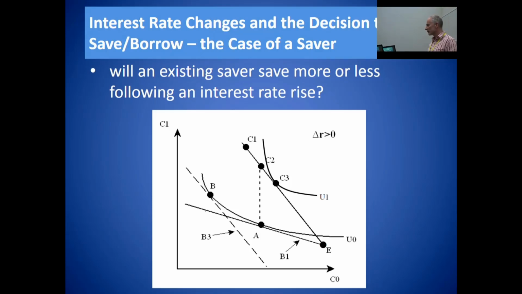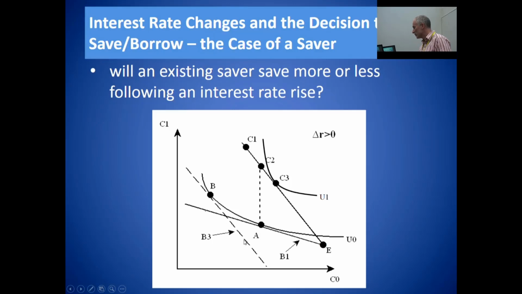And the way that we do that is we take a hypothetical budget constraint, that's got a slope equal to the new budget constraint, that this hypothetical budget constraint just touches the initial indifference curve. So that hypothetical budget constraint that has the same slope is that budget constraint there, B3.